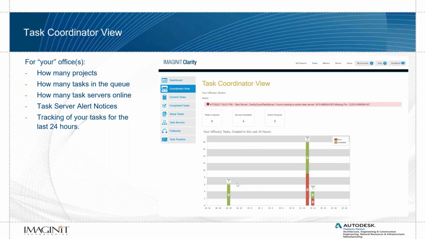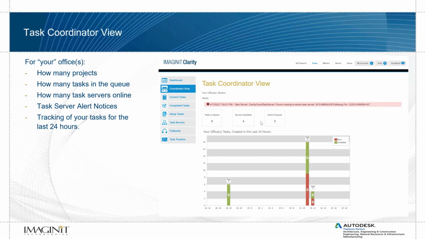You'll see the last 24 hours for the projects that are in your office. When do they launch? How many of them? And what's their current state right now? So you can get a sense of, are things working? Are they not working? And dig in and see why.